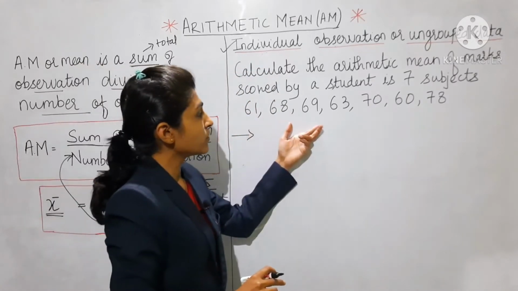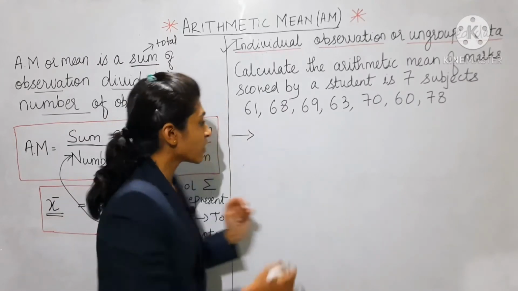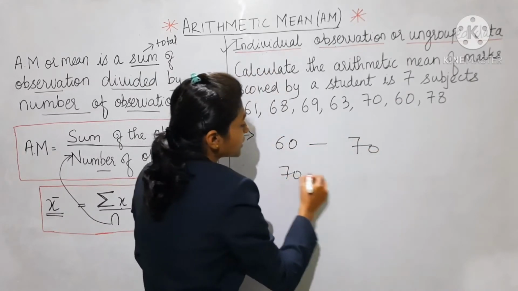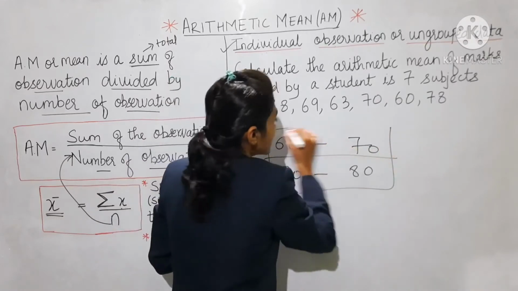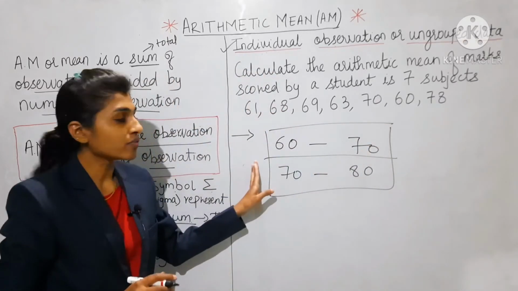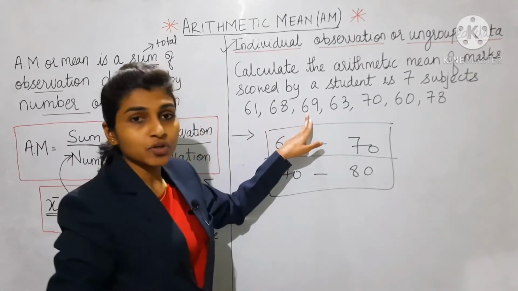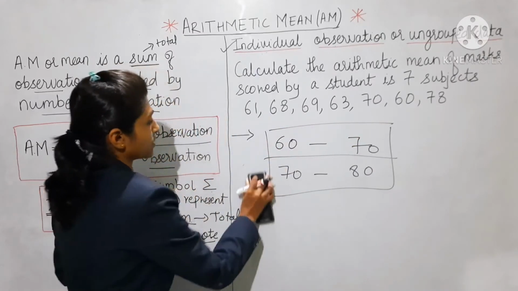Ungrouped means the data is not in a group. For example, if I say 60 to 70, 70 to 80 in a table form, then I can call this type of data group data. But this data is ungrouped because it is not in groups. It is individual observation.